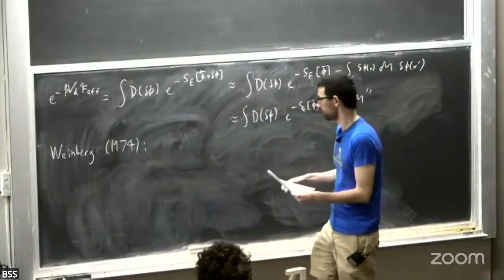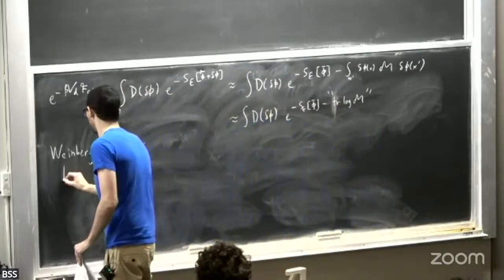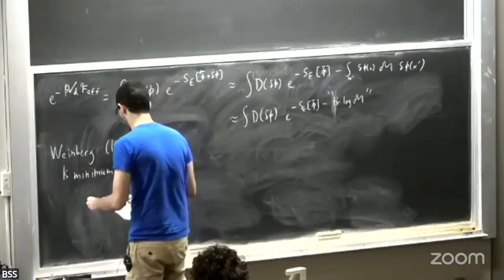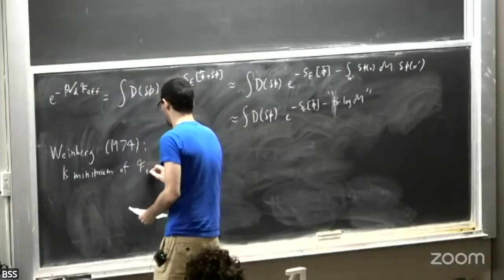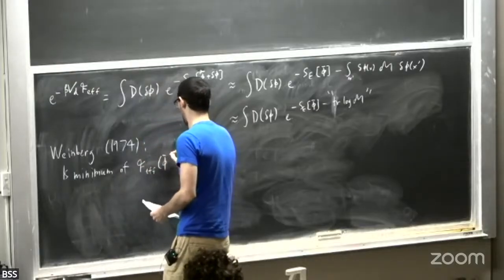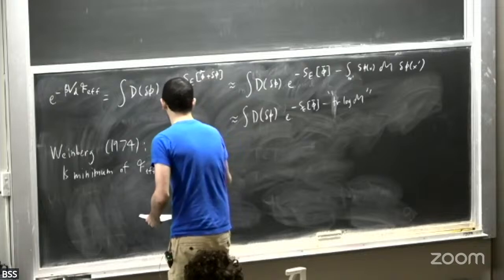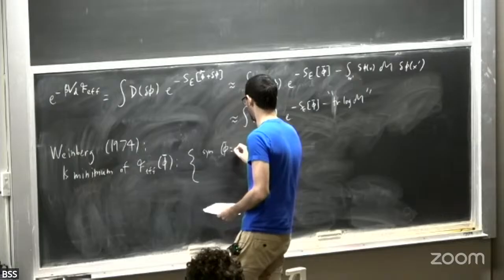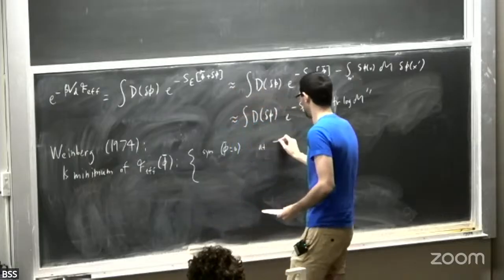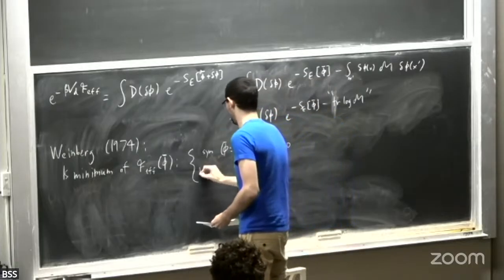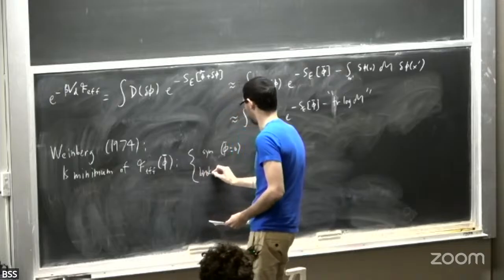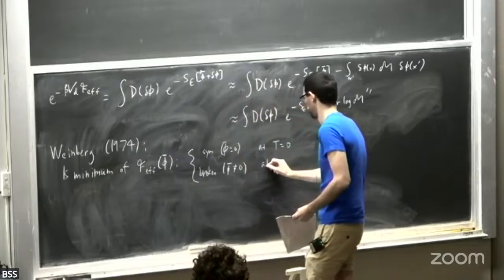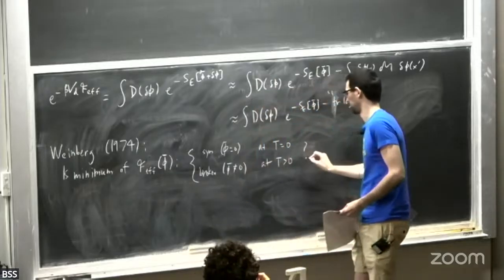So you could ask, is the minimum of F effective of phi at a symmetric point, maybe phi bar equals 0, at 0 temperature, and a broken configuration, maybe phi bar not equal to 0, at finite temperature?